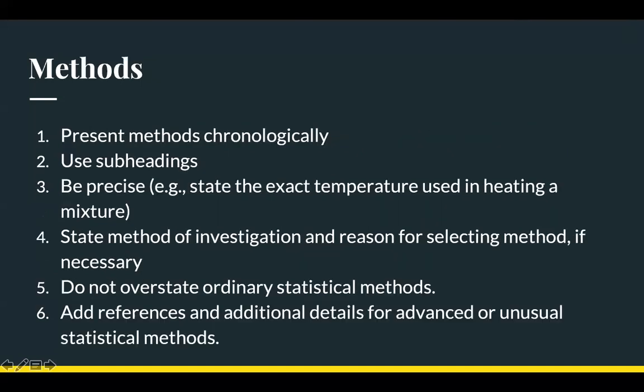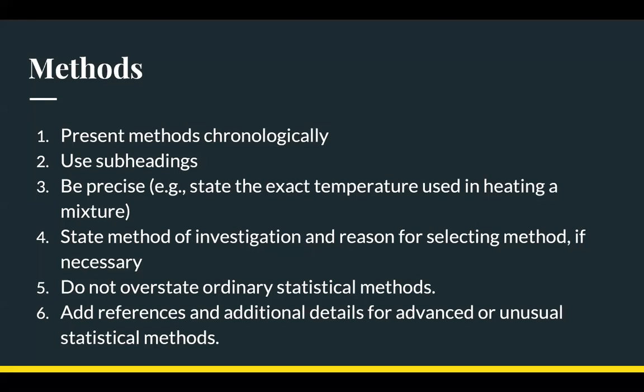When you write the methods, as we've talked about, you want to present them in chronological order so that people are able to follow: we did 1, we did 2, we did 3, we did 4, and so forth. Use subheadings, which help people understand what the different sections are. If you have a very long methods section, subheadings let people know you're going from one type of analysis to another, or from describing the data to describing an analysis.